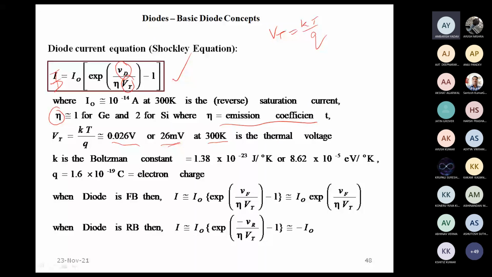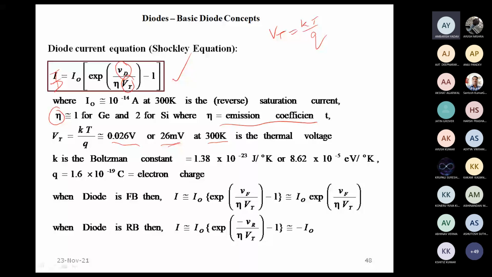A smaller emission coefficient means the current is large, and if its value is large, then the efficiency of emission of the carriers is less. Eta is in the denominator in the exponent, so a larger value of eta will result in a smaller value of the exponent, and hence a smaller growth.